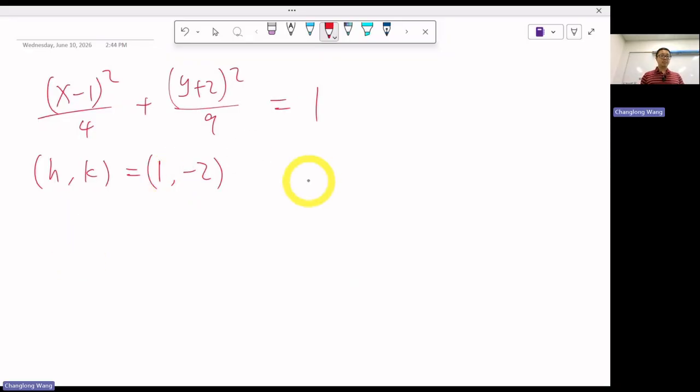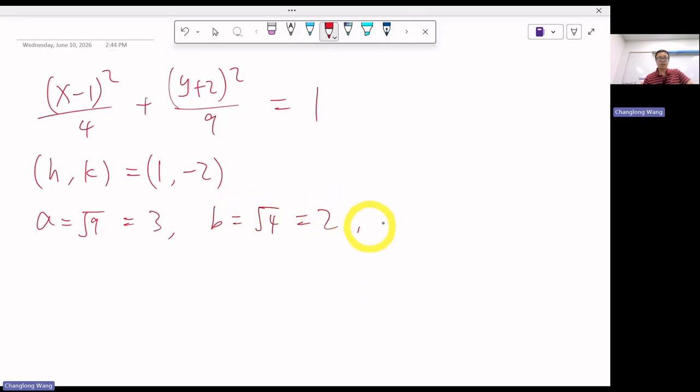So now, what are a and b? Anyone figured out what a is? A should be the bigger number, right? So it's gonna be 9 squared. Oh, sorry, not 9 squared. It's gonna be the square root of 9, right? Because a squared is 9. So the square root of 9 is 3. And b must be the square root of 4, right?